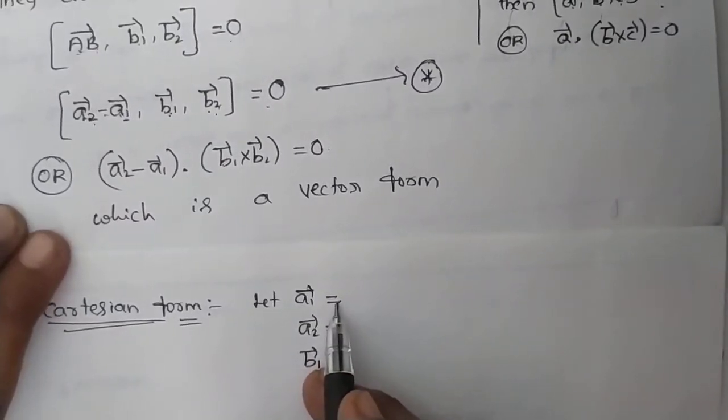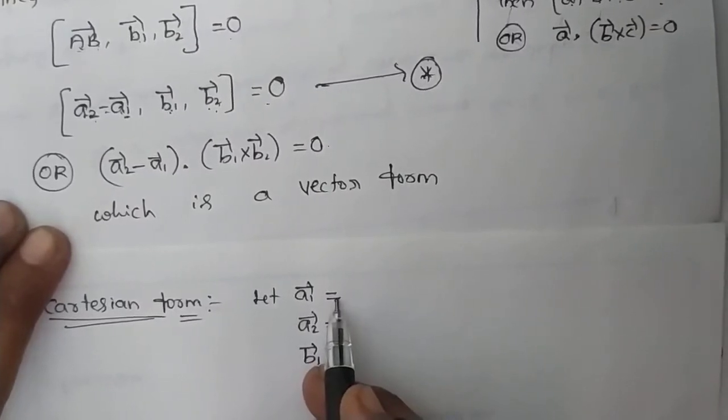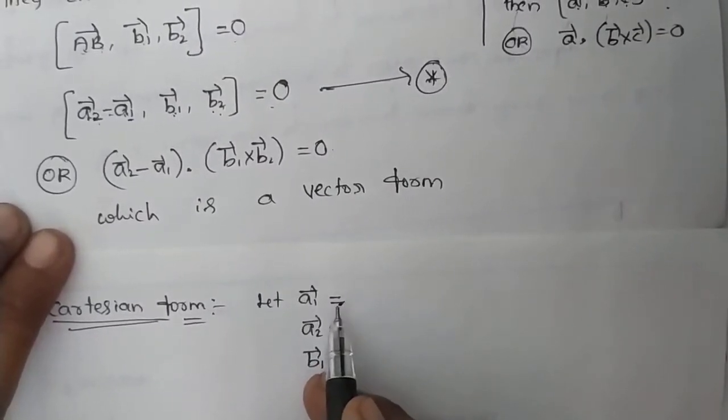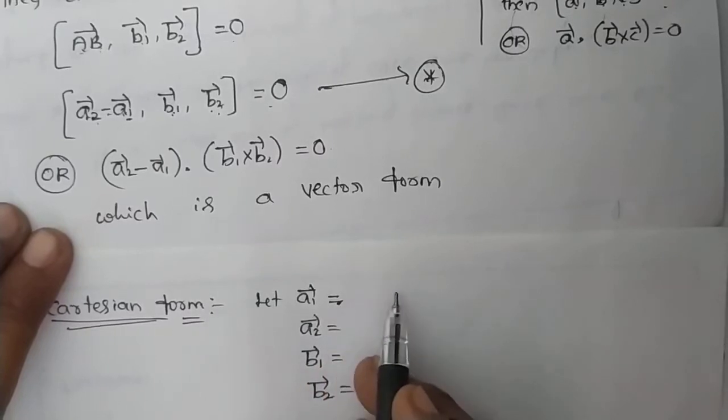a1 is nothing but the position vector of the line L1 passing through the point A, that point will be (x1, y1, z1).